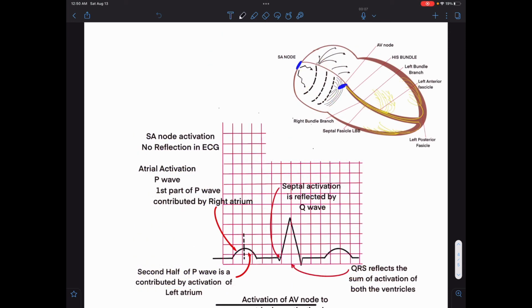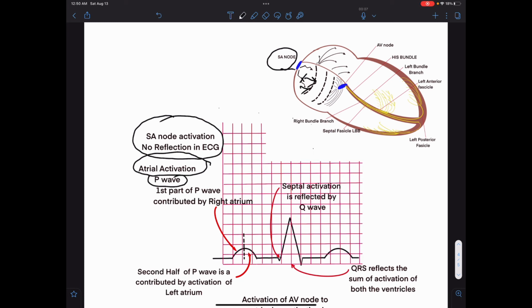The SA node activation does not produce any reflection in the ECG. So there is no point from where you can judge that SA node has activated. But when it stimulates the atria, that's the atrial activation, that is marked by the presence of P wave.